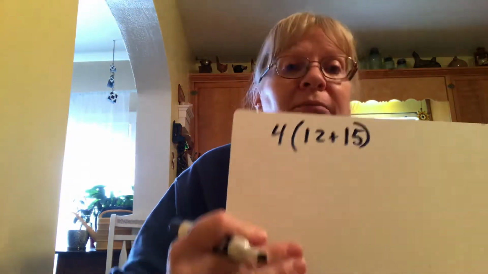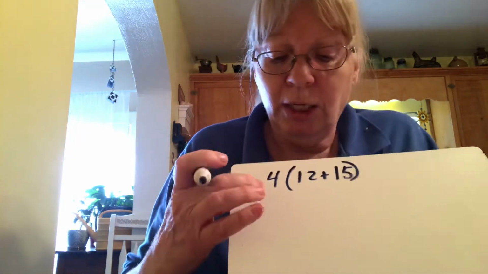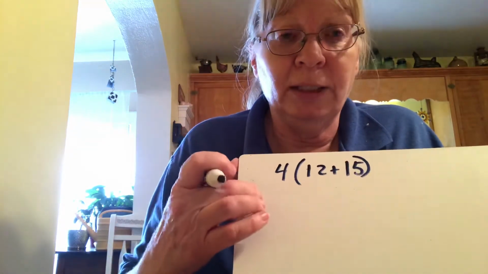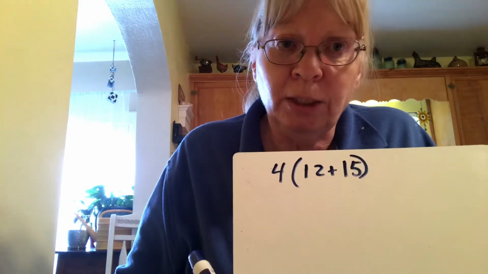All right, now let's look at the last one on distributive property. So then they have 4 parentheses 12 plus 15. Now this is what I was talking about. 12 and 15 is a much bigger number than 9 plus 2. So if you had to add that and then multiply this, that would take more thought. So we can distribute it instead.